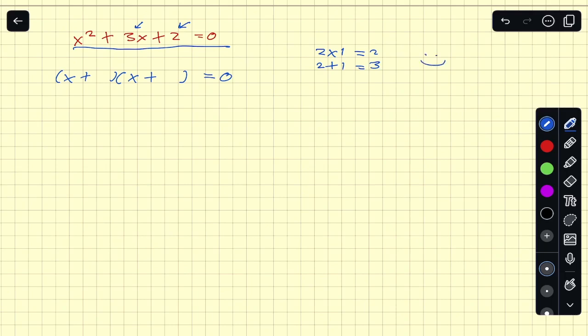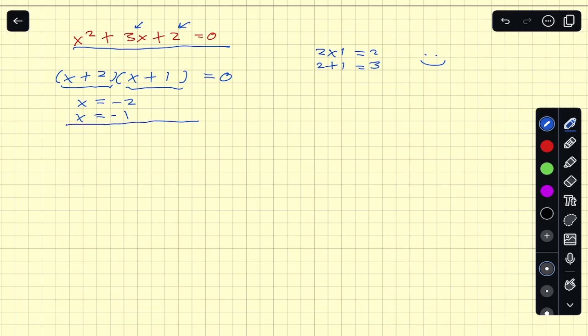So we're happy there, we can just put in 2 and 1. Then if you set each part equal to 0, you get x equals minus 2 and x equals minus 1. That's a quick way to factorize if you see the factorization.